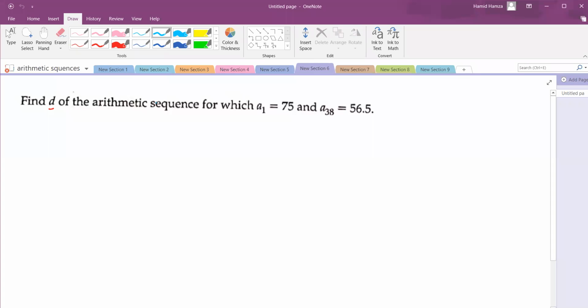Find D of the arithmetic sequence with A1 equals 75 and A38 equals 56.5. We wanted to find D. Can anyone solve this with me? Hands up. Come on, Maryam.